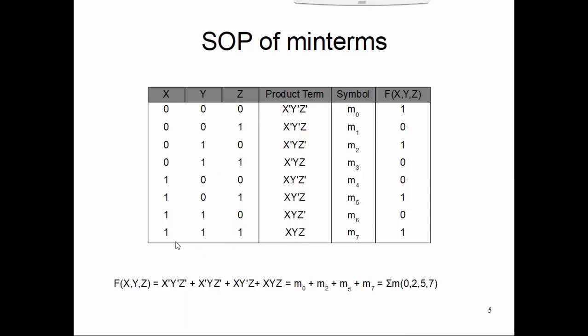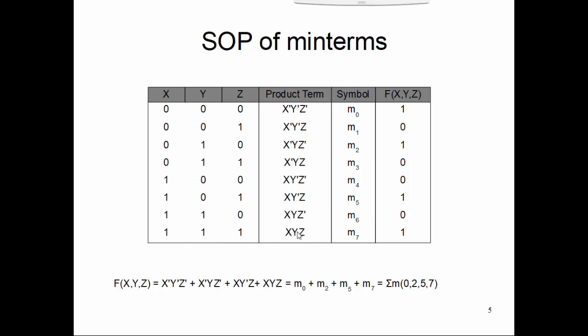Similarly, the very last row has all variables x, y, z with value 1, so we write x uncomplemented, y also has value 1, so we write y, and z also has 1, so we write z, and we AND them.